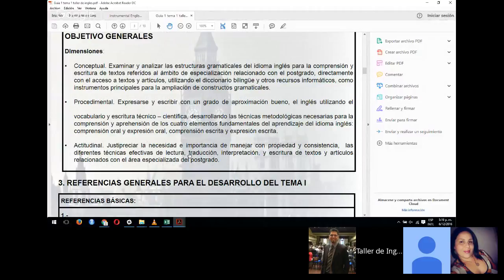Develop the techniques of any methodologies necessary for the comprehension and for the basic elements for learning English.